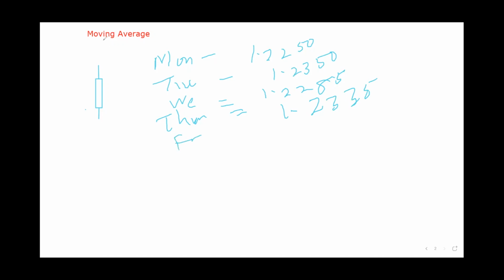What the moving average does is, let's talk about the average first. What does an average mean? Average means that you are adding together the items that are given to you. Let's say we are looking at the age of everybody in this class.